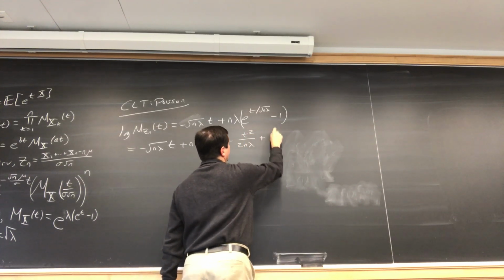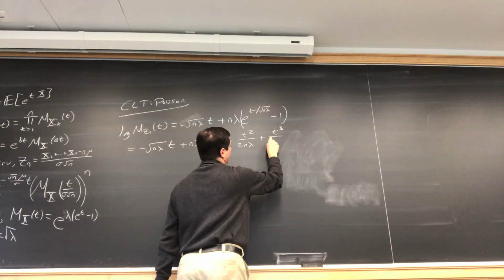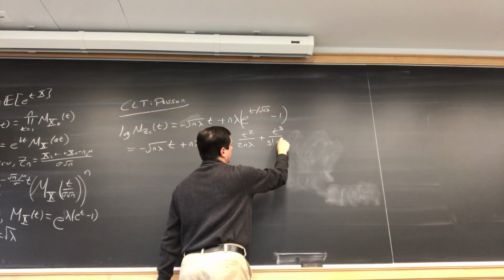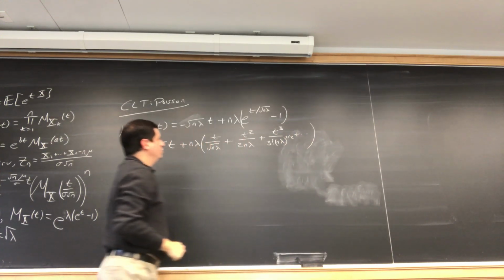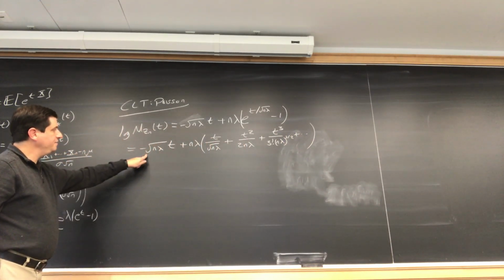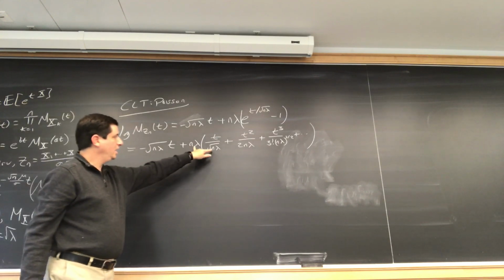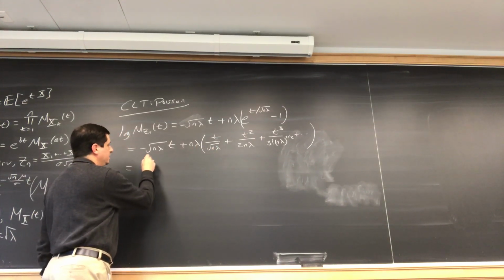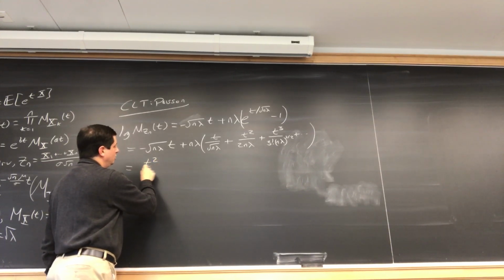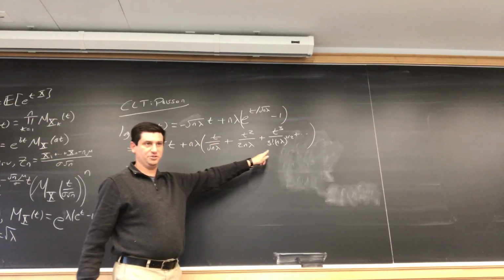The next term will be a t cubed over 3 factorial n lambda to the 3/2, and so on and so on and so on. Now the negative square root of n lambda t, that cancels with this perfectly. So we're left with t squared over 2, because the n lambdas cancel.